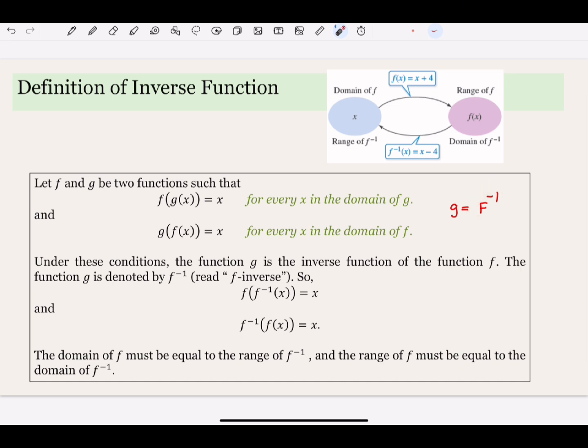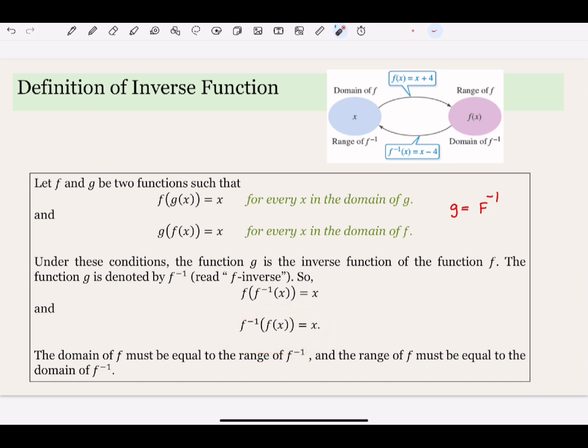Again, this means that the functions g and f actually undo each other. So we can write it like this: f of f inverse of x is equal to x, or f inverse of f of x is equal to x.